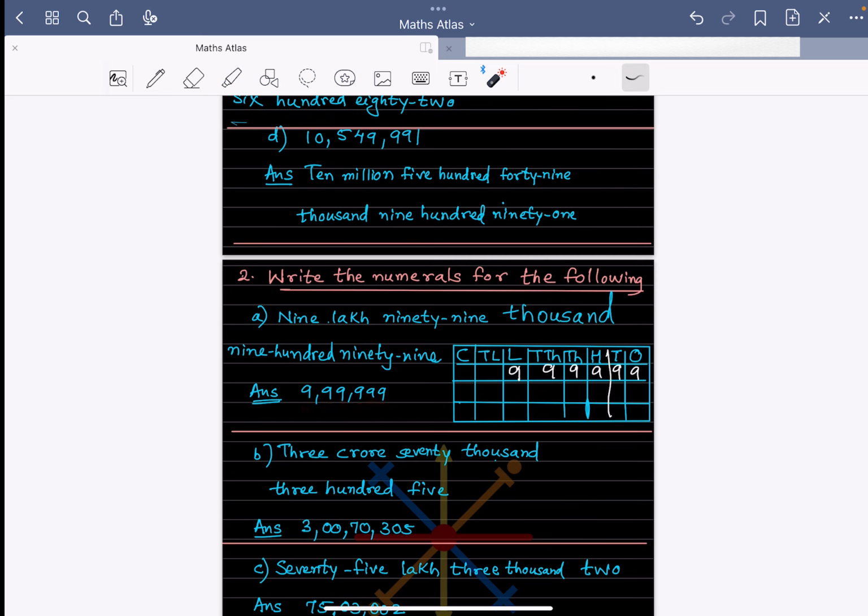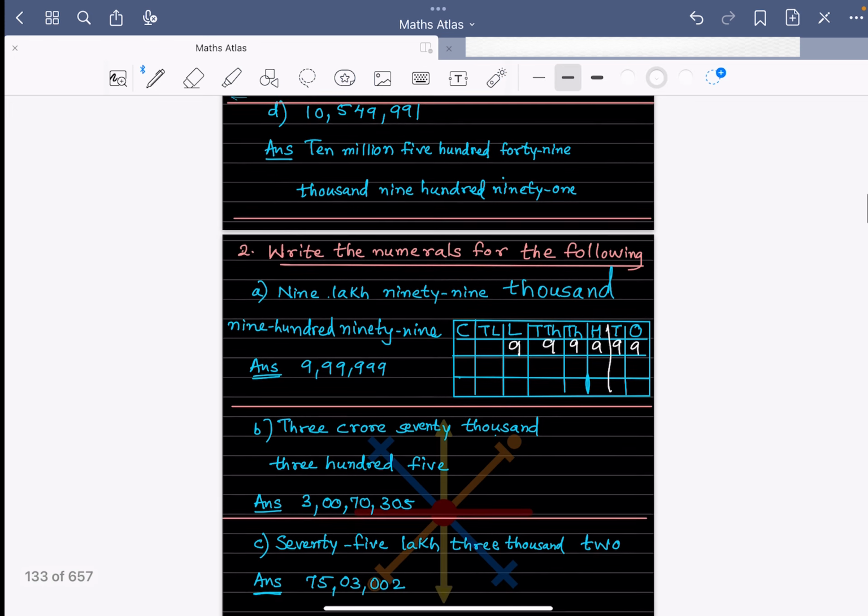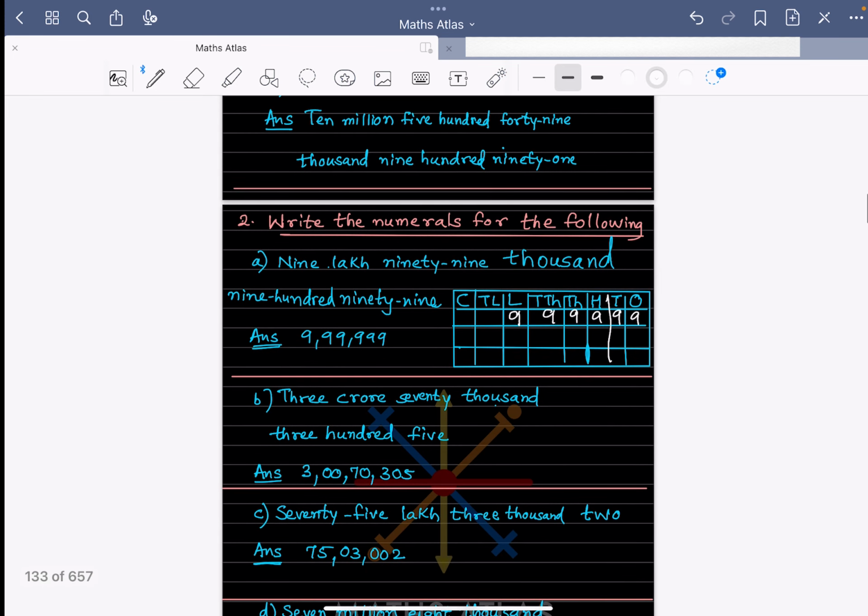Now again we will go for the next one, that is 3 crores 70,305. So how are you going to write here? 3, 0, 7, 0, 0, and this is going to be 3 over here. Hope you got it.